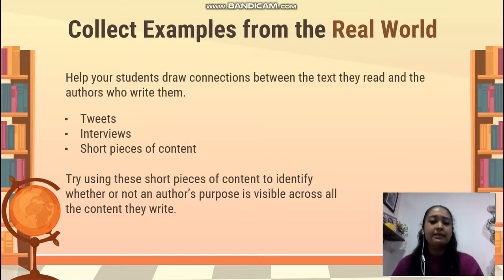We have to help the student to draw connections between the text that they are reading and the author who wrote it, by following the author's social media profiles, and we can also collect tweets, interviews, and other short pieces of content that will deepen the student's perspective on the author that they are reading.